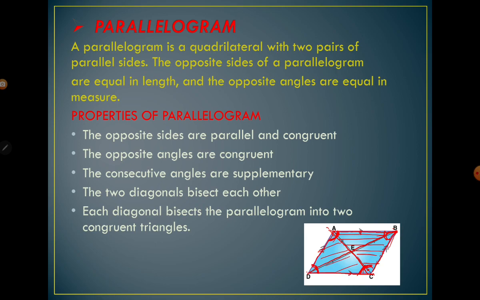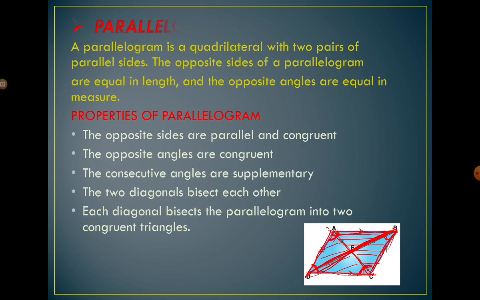Got it? If I am taking diagonal BD, then I will get two congruent triangles ADB and CBD. So these are the main properties of the parallelogram. If these properties hold in any quadrilateral, then that will be a parallelogram.